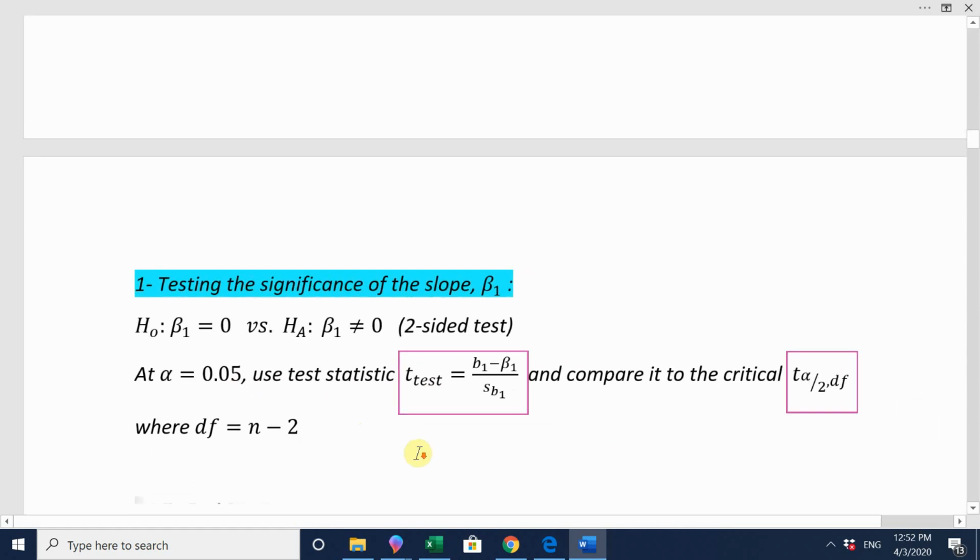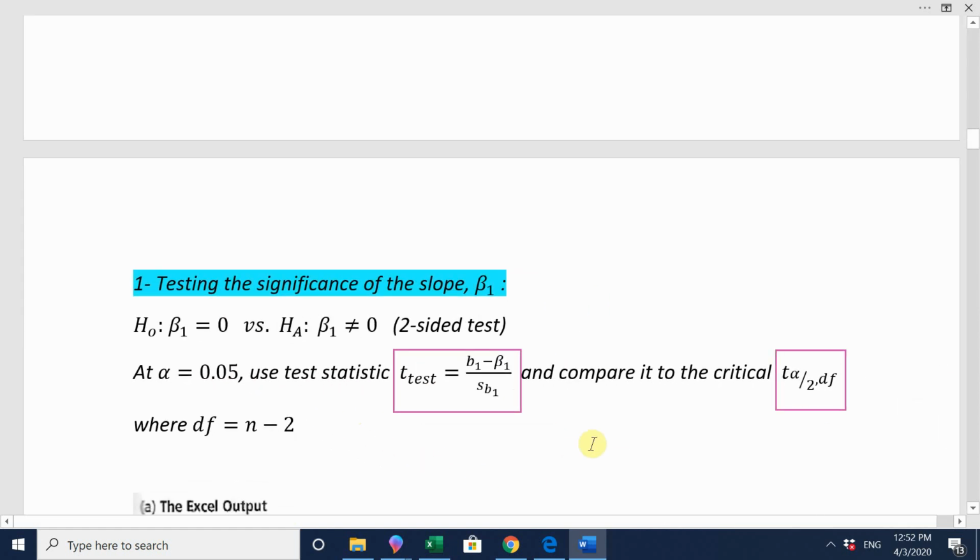And okay, here we are. So we're going to need a test statistic to compare to a critical value, right? So the test statistic will always, of course, measure how far or how close our sample value is relative to the population value that is claimed in the null hypothesis.